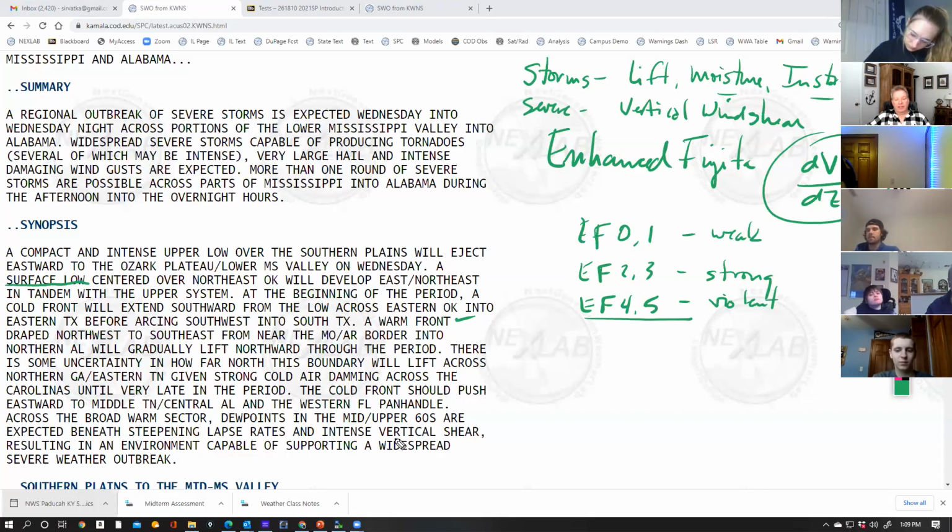We have dew points in the mid to upper 60s. We talked about how important dew points are. We have steep lapse rates, meaning the environment is cooling, so that gives me more CAPE. We have intense vertical shear. That's really strong tomorrow, capable of supporting a widespread severe weather outbreak.